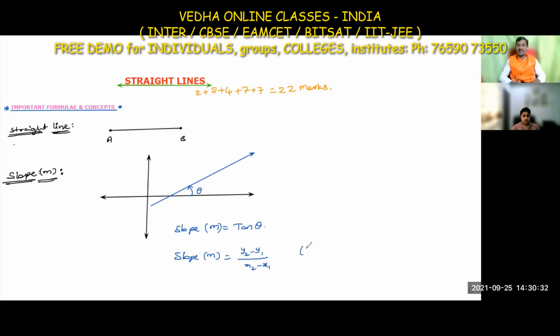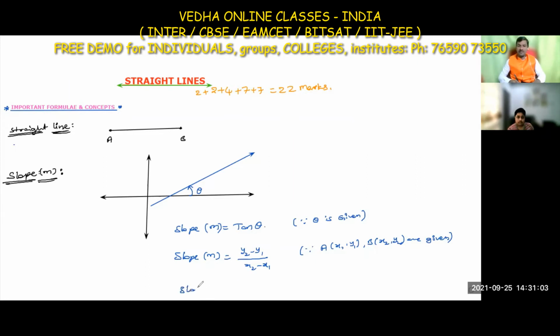When we know the theta, here theta is given, so we use the tan theta formula. Here 2 points are given, A (x1, y1) and B (x2, y2), so we use this formula.